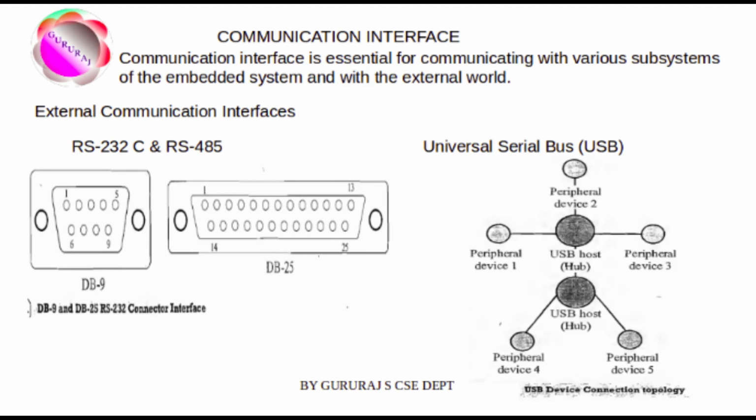RS-232 extends the UART communication signal for external data communication. The RS-232 interface defines various handshaking and control signals for communication apart from the transmit and receive signal lines for data communication. RS-232 supports two different types of connectors, namely DB9, meaning 9-pin connector, and DB25, meaning 25-pin connector, as shown.